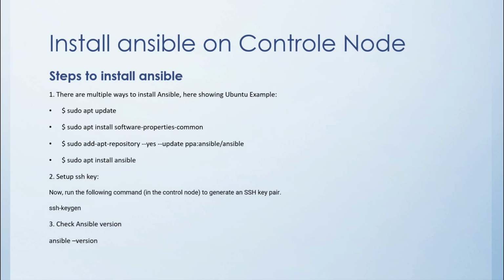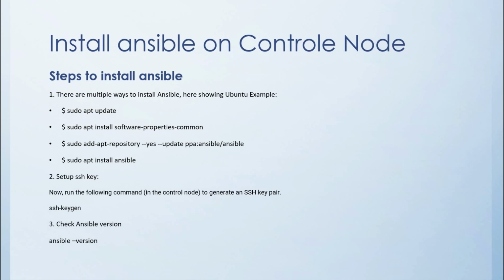Then you have to add the repository of Ansible. The next command will be sudo add-apt-repository --yes --update ppa:ansible/ansible. It will add the Ansible repository to your repositories. Then run sudo apt install ansible, and it will install Ansible.